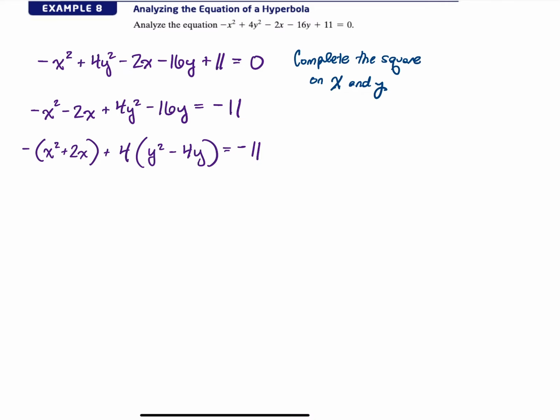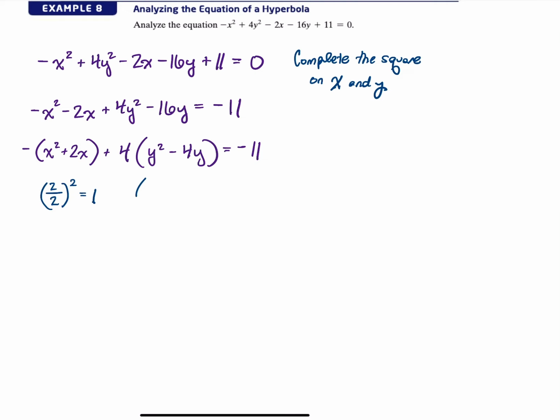Okay, let's produce our values that we want to introduce. So I look at this term, the 2. I take that number, divide it by 2, and then square it. That would give me 1 squared, which is 1. So that's the number I'm going to add inside my x parentheses. And then here we'll look at this negative 4.